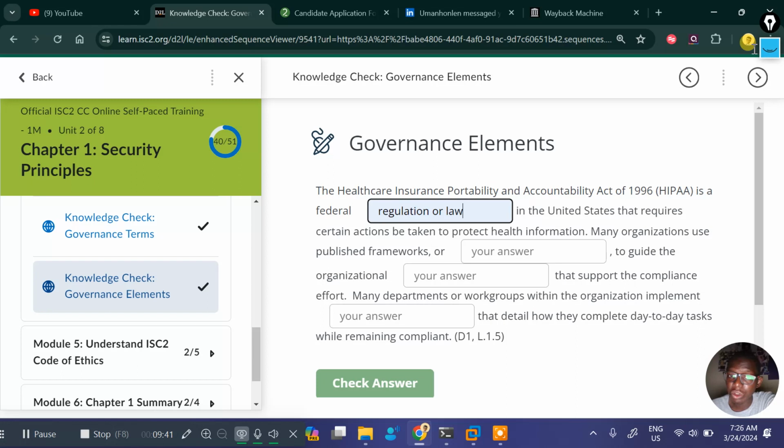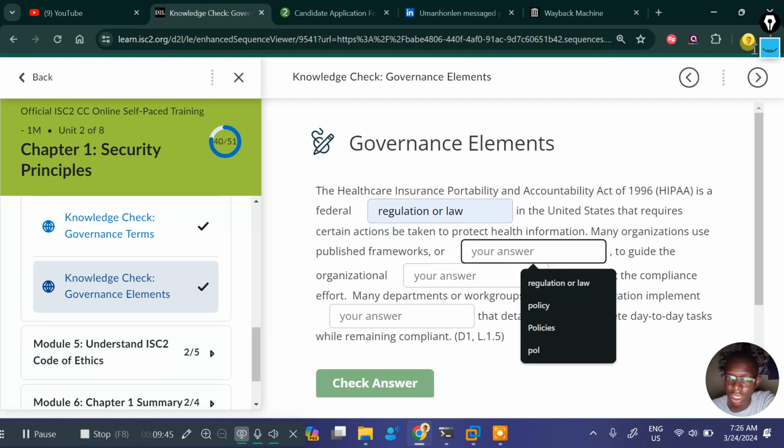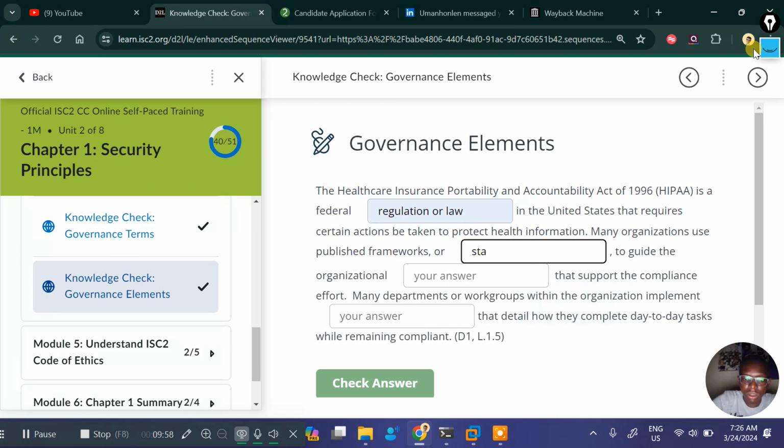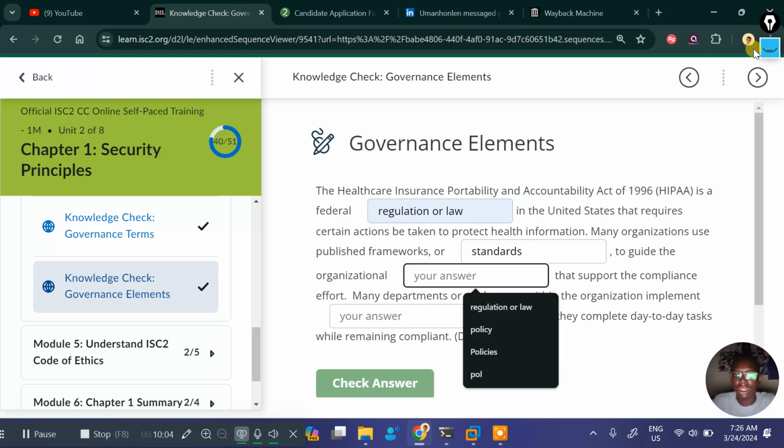Many organizations use public frameworks, or what else could a framework be to guide the organization, right? They are using frameworks, meaning they are using, where is my typing? Let me just type it out. If it's frameworks, I believe it's standards. And anything organizational is definitely, what is that again?